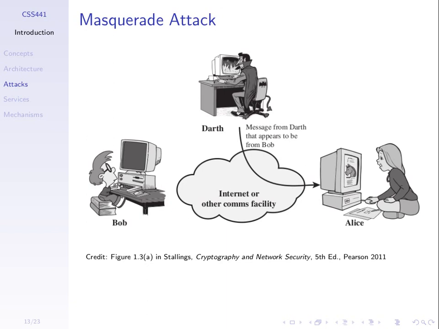There'll be no message from Bob to Alice, and Alice would not receive anything. But when there is an attack, Darth sends a message. Alice, the normal user, receives a message that she wouldn't have received if there was no attack. So something has changed when we perform the attack. It's changed from the perspective of the normal users. So we say that's an active attack.